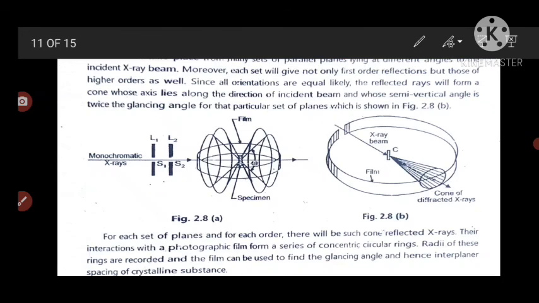The radii of these rings are recorded, and this film can be used to find the glancing angle and interplanar spacing of the crystalline substance according to Bragg's condition.